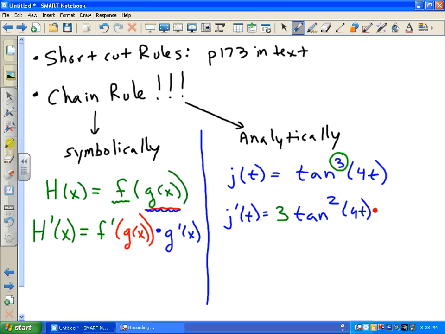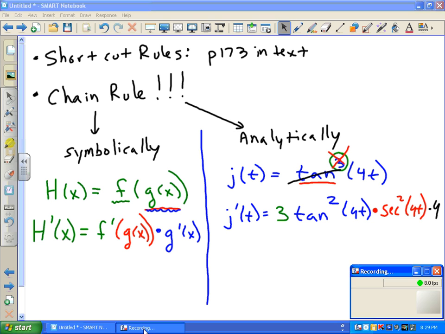We will then multiply by the derivative of the next outermost function, which in this case is tangent. We have already dealt with the cube. The derivative of tangent is secant squared of its inner function, which is 4t. Now that we have dealt with the tangent, we are left to deal with 4t. The derivative of 4t is simply 4. And that would be j prime of t.